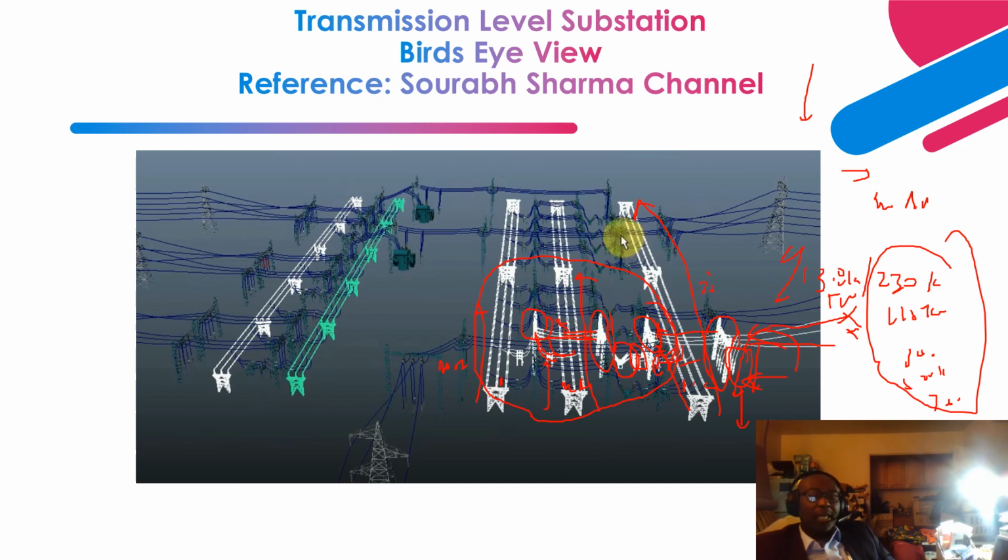In between the second main bus and the first main bus is another circuit breaker, right? Remember, I told you that the purpose of these circuit breakers is that they perform the switching function.